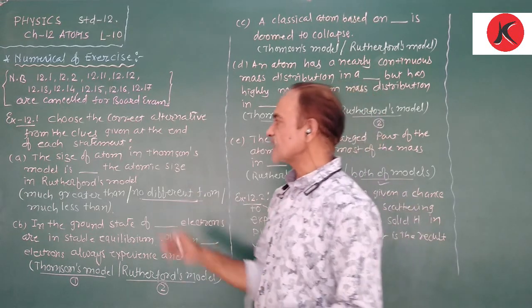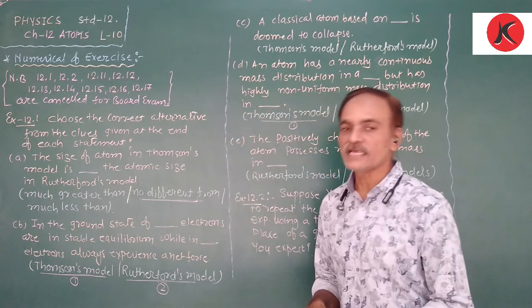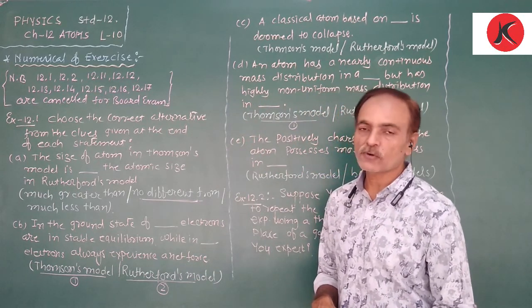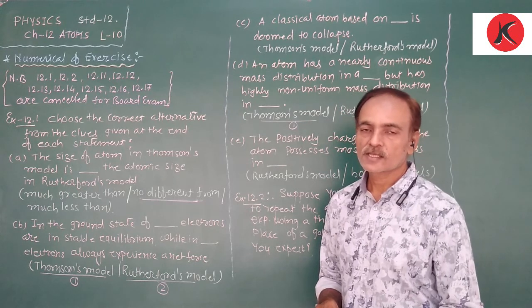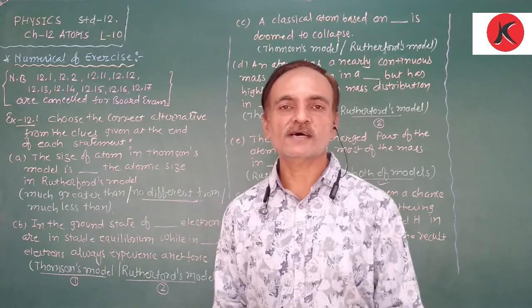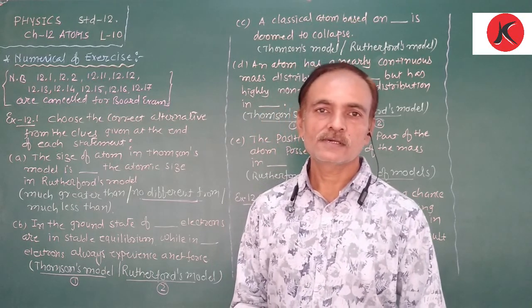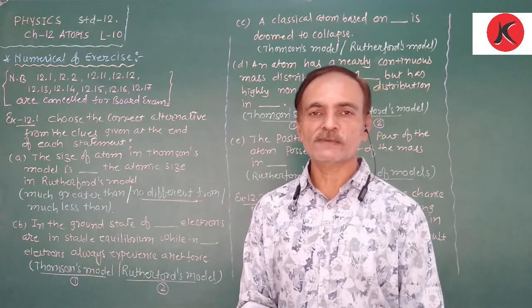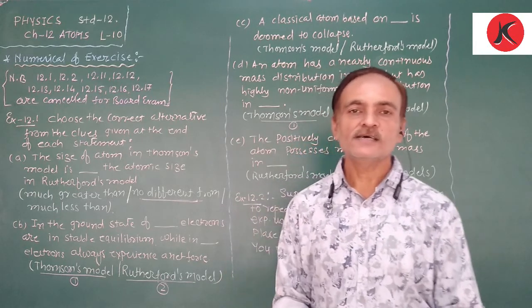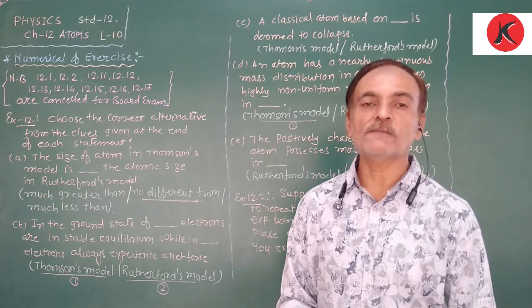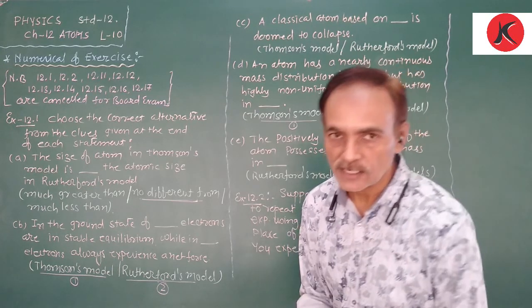First is, the size of atom in Thomson's model is blank the atomic size in Rutherford's model. What is the difference of the size of the atom in both models, Thomson and Rutherford? According to each model, either it is greater than Rutherford's atomic model, or less than Rutherford's atomic model, or no difference between the size of atom in both models.